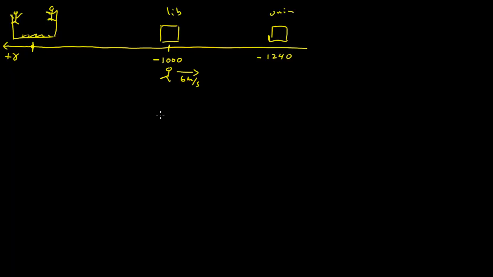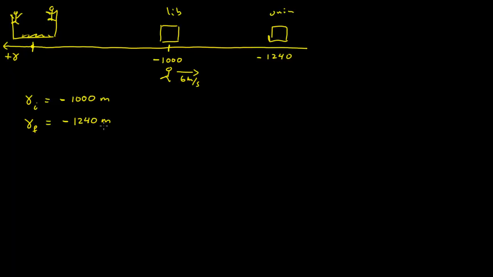So if I want to identify these terms, I can represent them as symbols. So I can have my initial position, which I'll say gamma initial, is equal to negative 1,000 meters. My final position, which I'll call gamma final, is equal to negative 1,240 meters.